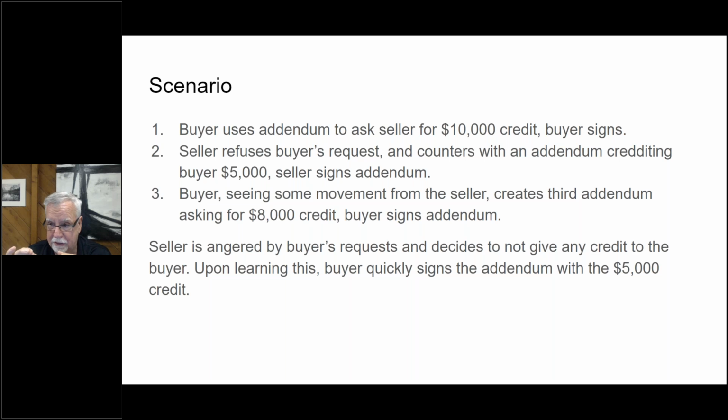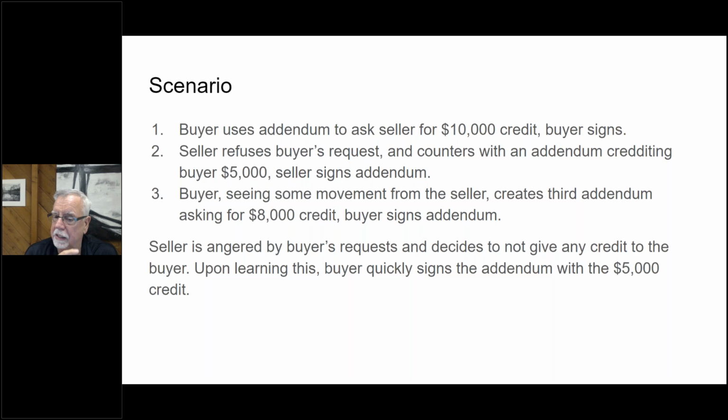Buyer signs the addendum. Buyer's agent sends it to the listing agent and the seller. Listing agent and seller are not happy with the addendum, right? They go back and forth arguing with each other. And so finally the seller says, I'll do $5,000, but that's it. I don't even want to do that. $5,000, and then I'm done.